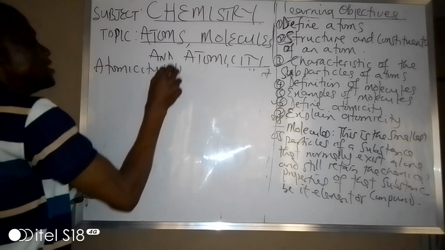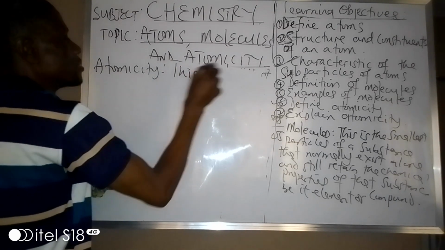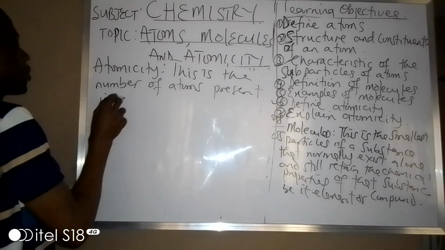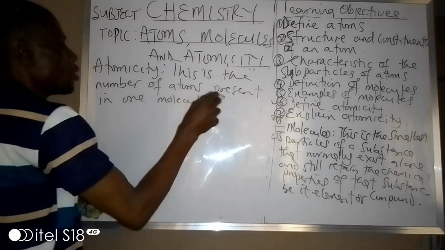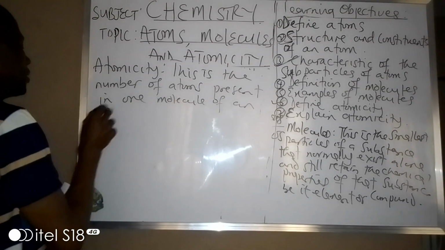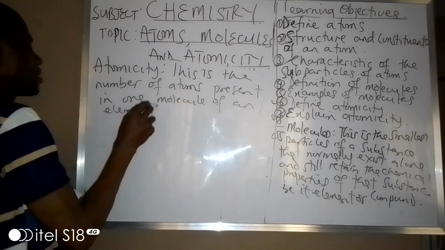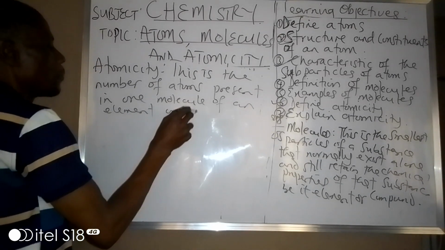Atomicity. I said this is the number of atoms present in one molecule of an element or compound.